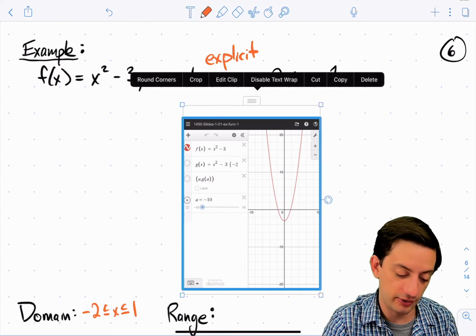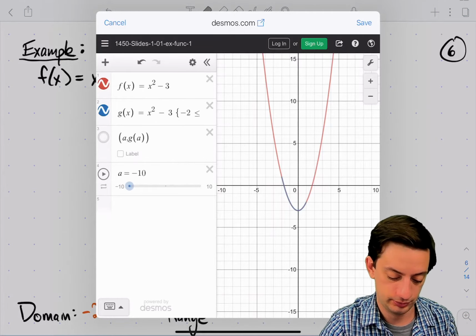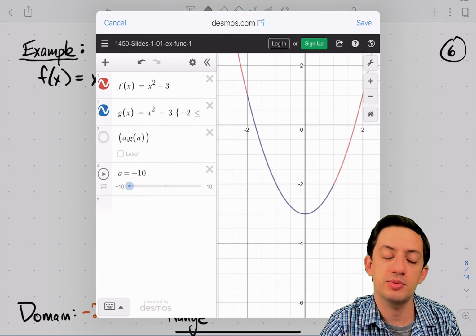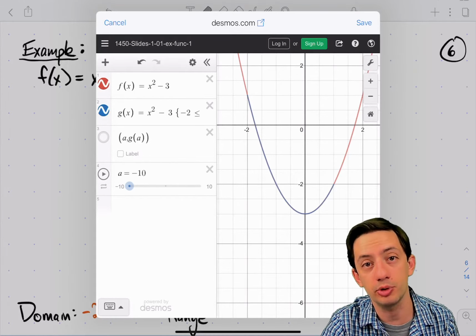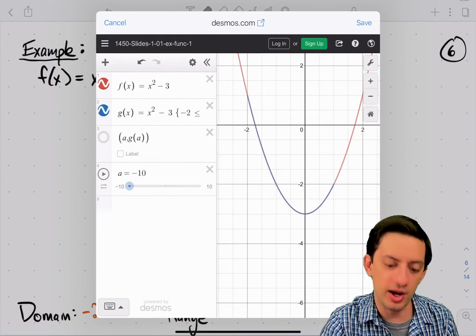In terms of a graph, let's go back into our graph. In terms of a graph, the range is all of the y values that we hit. And again, we're not looking at the red part, we're just looking at the blue part, which is the part with our restricted domain. So which y values do we hit?